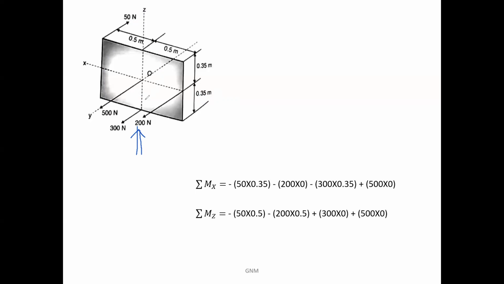I'm looking towards the diagram along the z direction from this double arrows direction. Let us write down moment of all four forces one by one. This 300 Newton force and 500 Newton force are acting along the z-axis, so their moment will be 0.